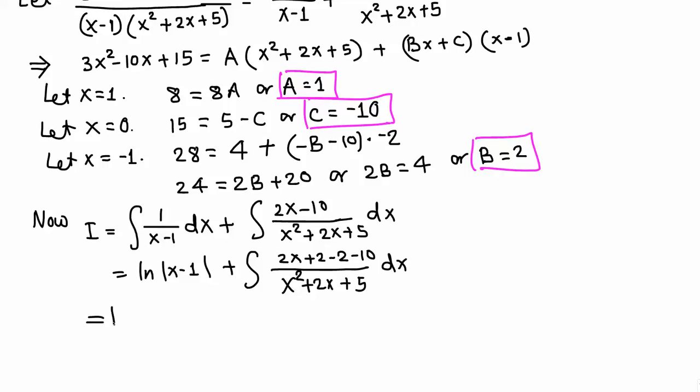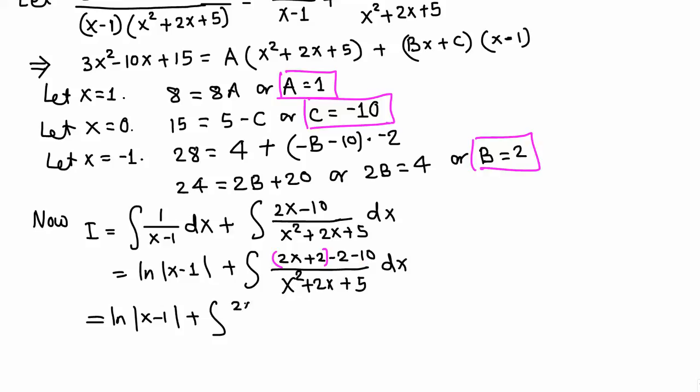In the next step, natural log of x − 1 plus, now I want to separate into 2. 2x + 2 is the derivative of the bottom, so this is 1, and minus 2 minus 10, that's negative 12, over this in the second fraction.